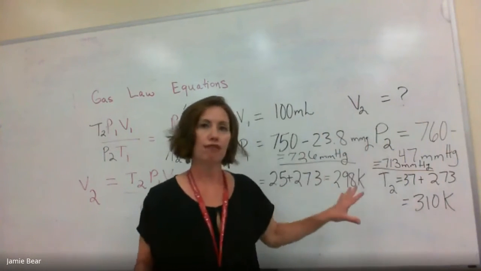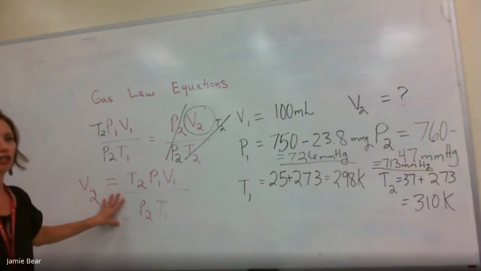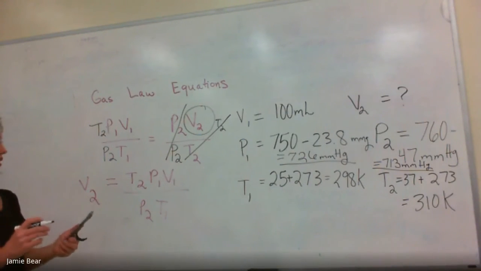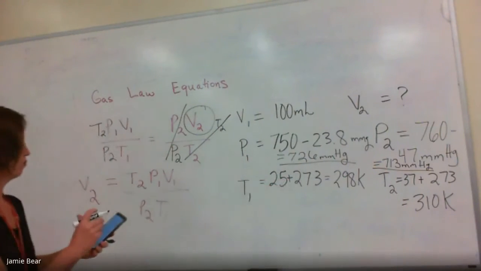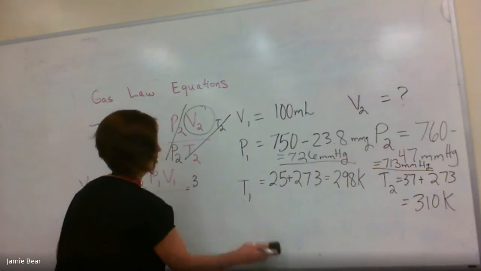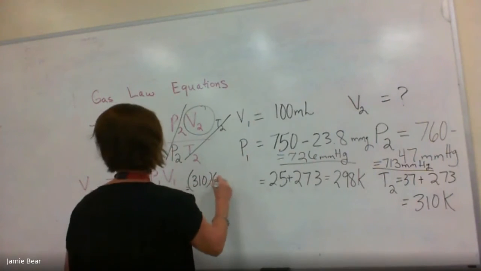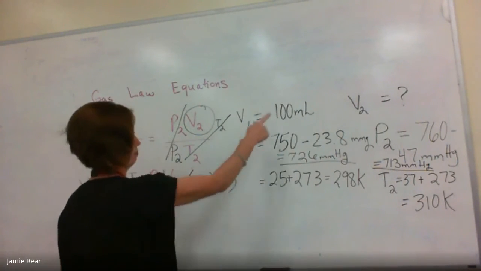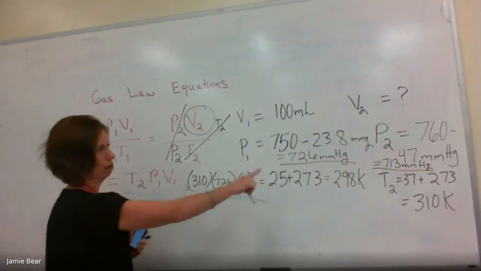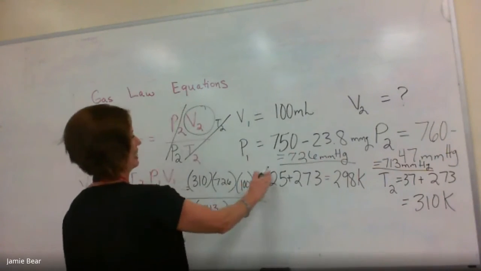So now we have all of our variables, and we're going to put those into our original equation to solve for V2. So now we're going to type in T2. Okay, so here I'll write all of these down so we don't get confused. 310 times P1 of 726 times V1, divided by P2, the 713, times T1.